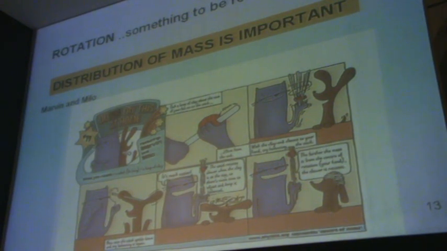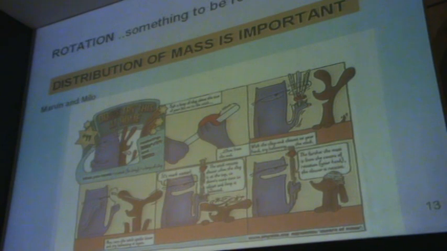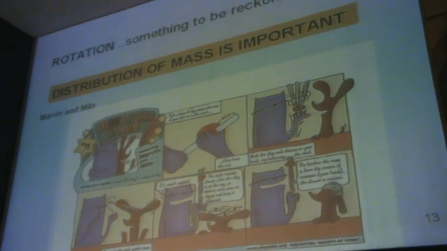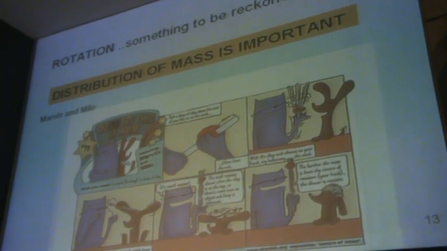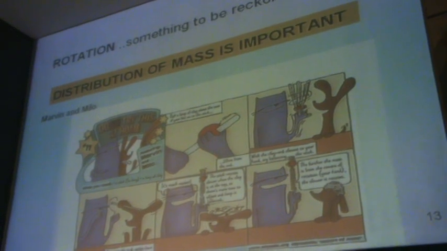Within a top, there are different designs, but the distribution of mass is important. I haven't brought this, but you must have the Marvin and Milo cartoon. This one with the stick, where the position of the ball of plasticine on the stick determines how easily you can balance it.